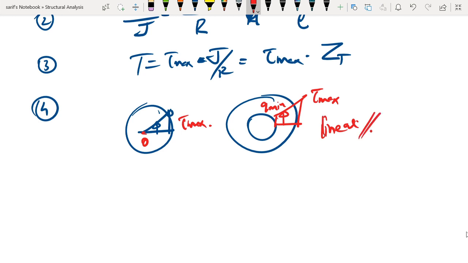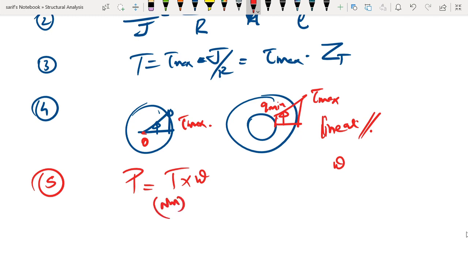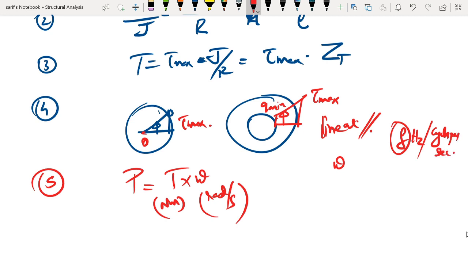The last thing we learned was related to the power transmitted. Power is nothing but force into velocity or torque into angular velocity. Torque has to be represented in Newton meter, and angular velocity has to be represented in radian per second. If frequency f is given in hertz, cycles per second, or revolutions per second, you will have to convert: omega is equal to 2 pi f radian per second.